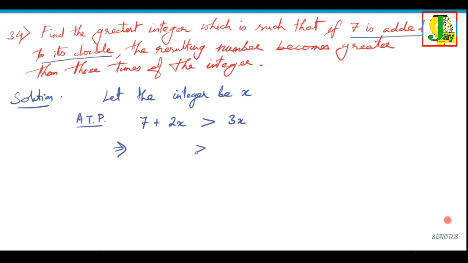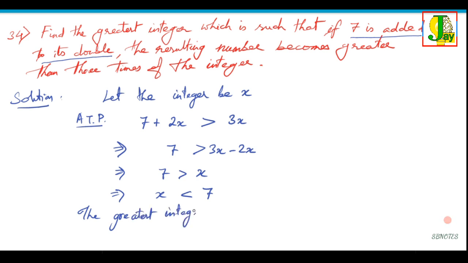2x goes to that side. We have x, so x is less than 7. And what is the greatest integer less than 7? We have the greatest integer following the given condition, and the answer to the question is 6.